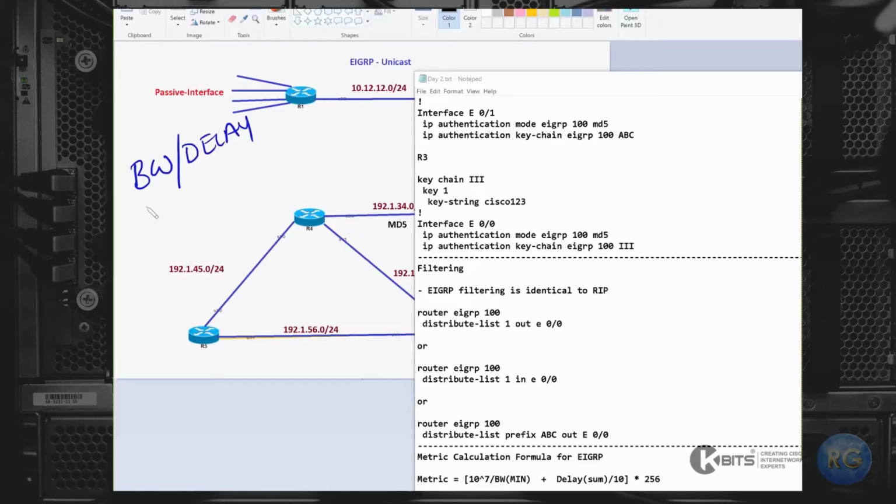Bandwidth is the speed of the interface, whereas delay is the latency through that link. They're default values on all these interfaces. Okay? The default bandwidth on a serial interface is 1544.